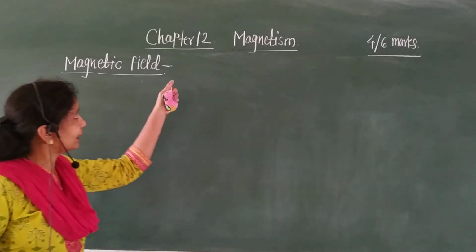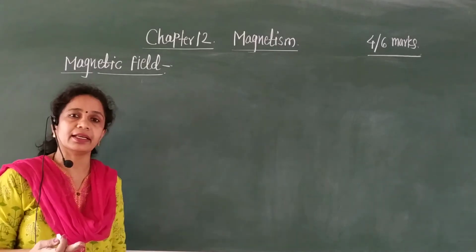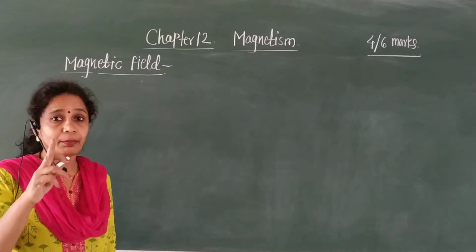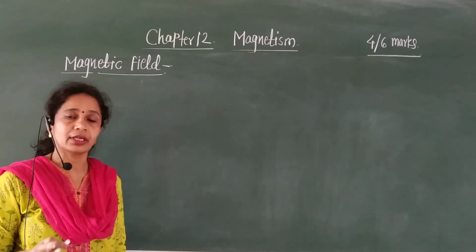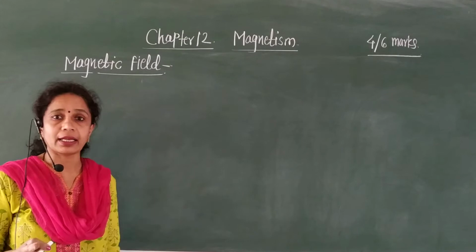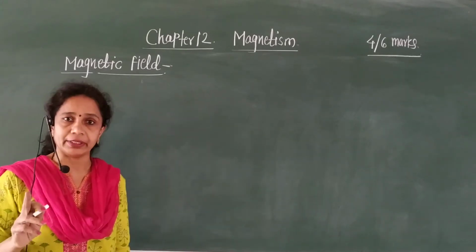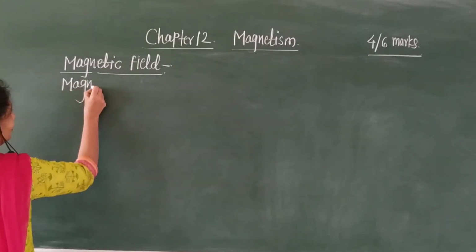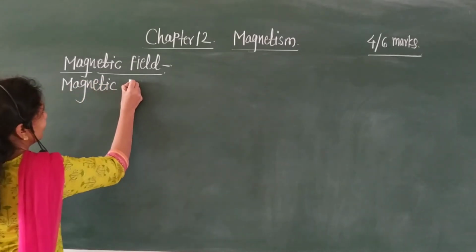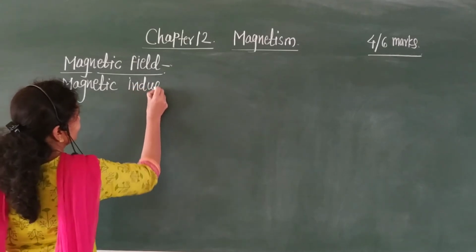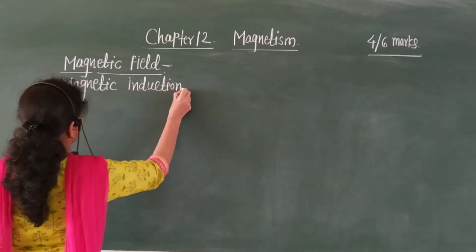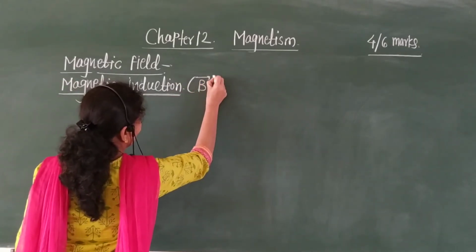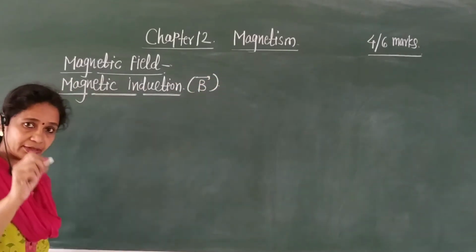If this magnetic field is represented in vector quantity, then it is called magnetic induction and it is denoted by letter capital B. Therefore, magnetic induction B vector is a vector quantity.